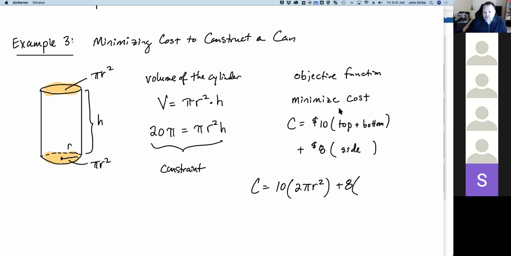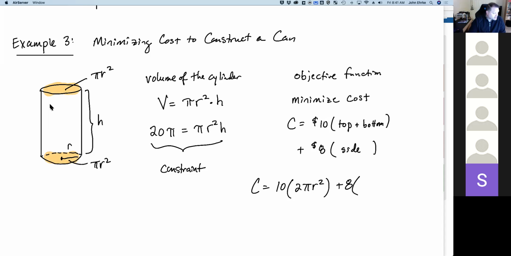Now the side is the thing that may give you a little bit more problem. But imagine it this way. If you were in the grocery store and you had a canned good, like canned green beans or whatever, and there's a label that surrounds the outer side of the can, what shape does that label make if you were to peel it off?